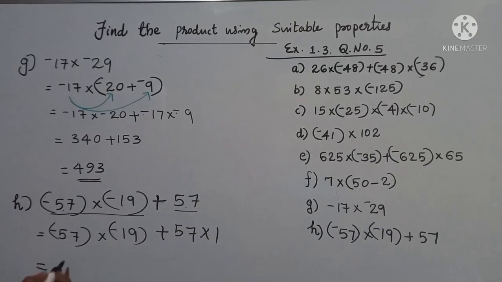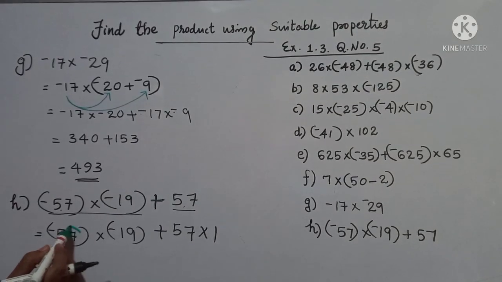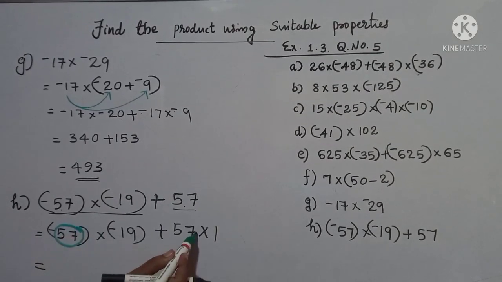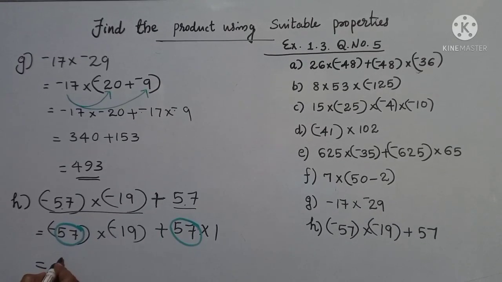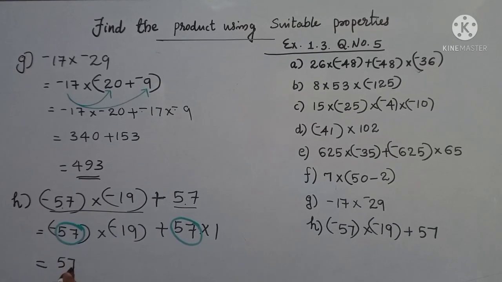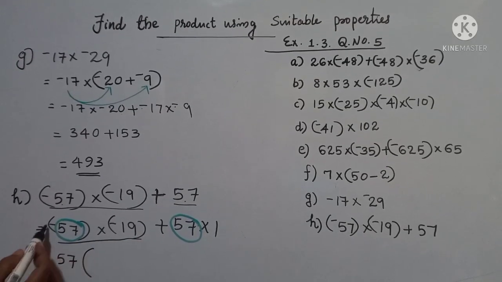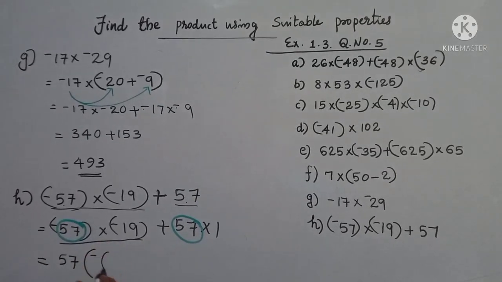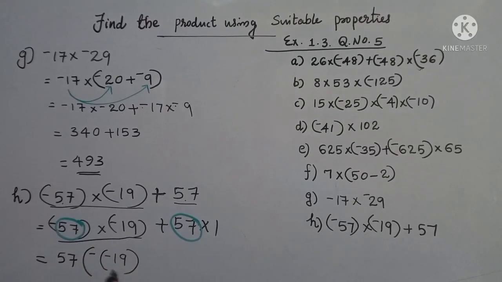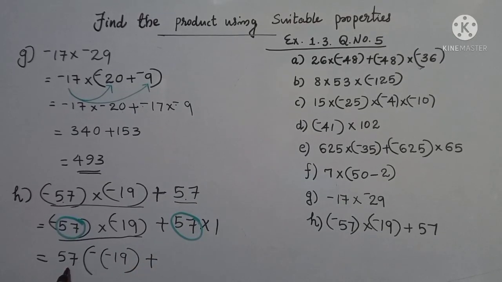Then that is equal to, here we can see 57 and here also 57. That we can take outside and we can apply distributive property, 57. Then in this term, here one minus is left. Put that minus here. Then minus 19 plus, 57 already we have taken outside.